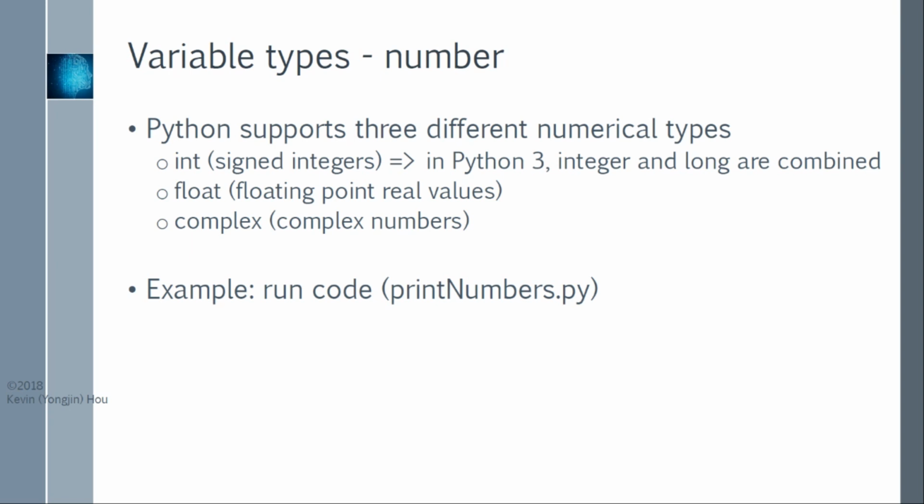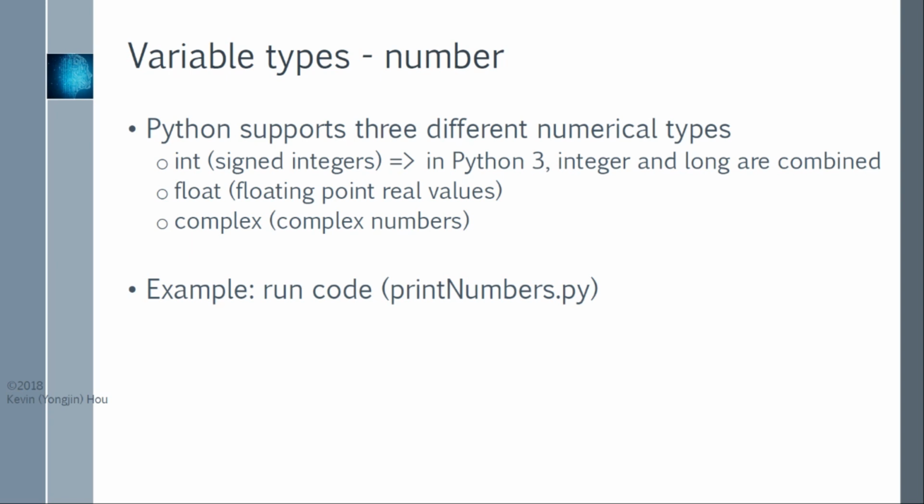As you may know, in Python 2 and many other programming languages, the memory space allocation for a long typically doubles the memory space allocation for an integer. But in Python 3, there's no differentiation between integer and long. Literally, every integer is long.